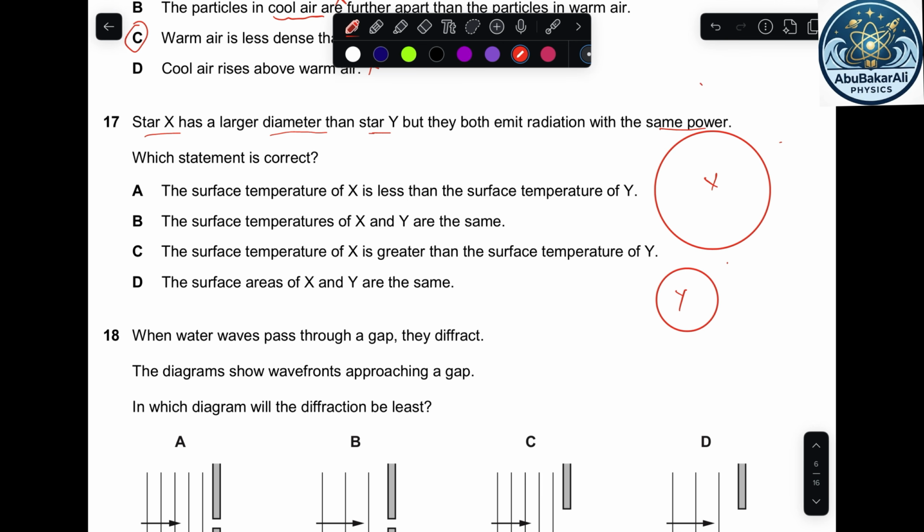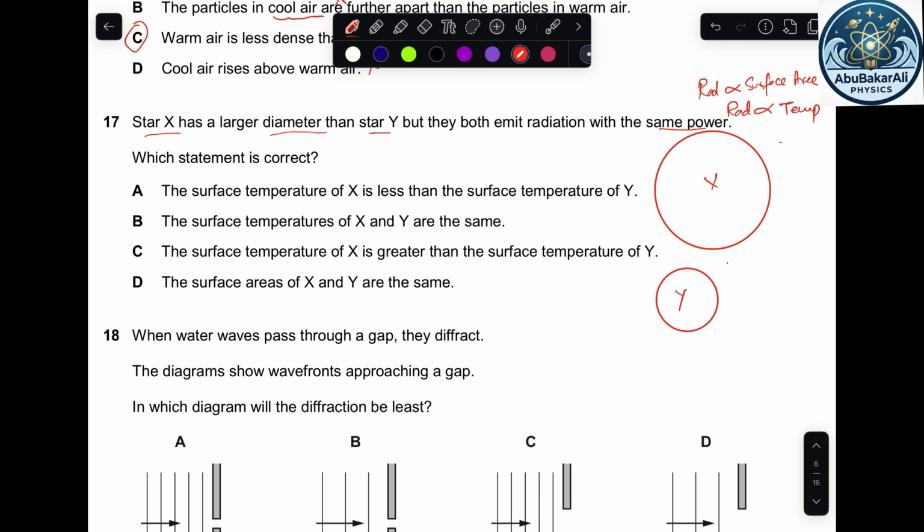The radiation depends on surface area. So if the temperatures are the same, X should emit more radiation, right? Secondly, radiation depends on temperature.